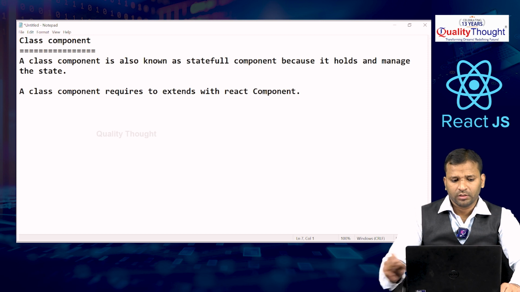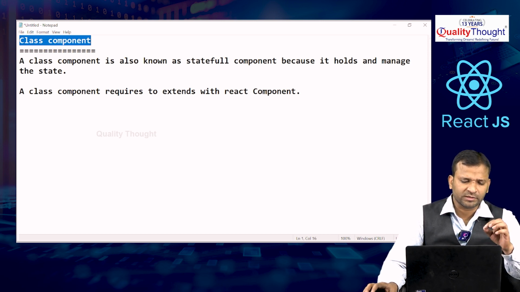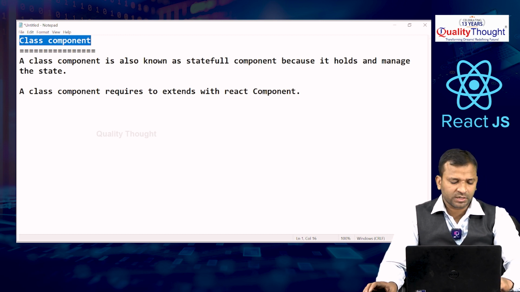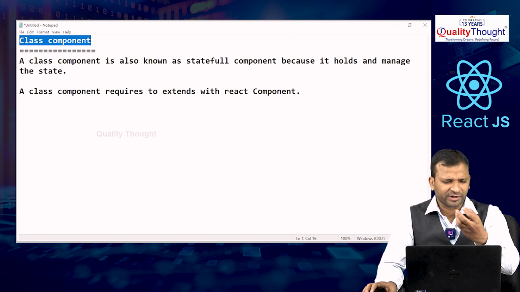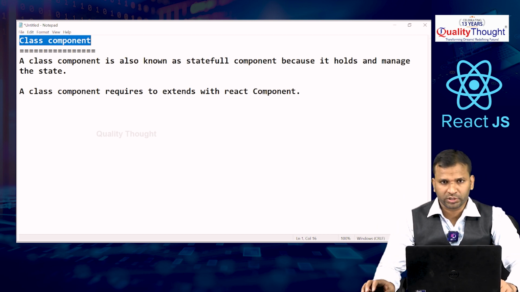And there is one condition, guys. Whenever we are working with a class component, compulsorily we need to write a render method. What that render method will do is return the element, and that element will come into the output.